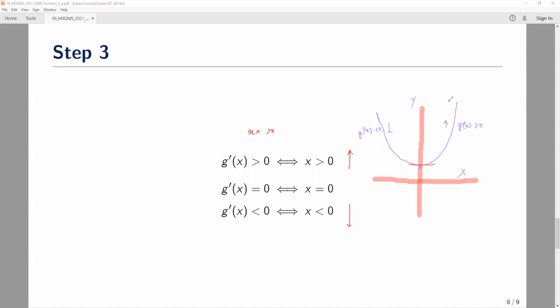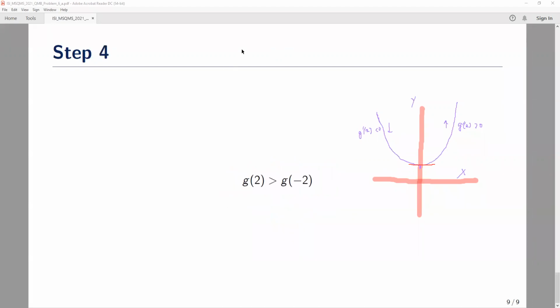That's great. So the question for us is, what is the maximum value between -2 and 2? Given this graph, you can observe that between -2 and 2, the maximum value will be taken either here or here, at 2 or -2.